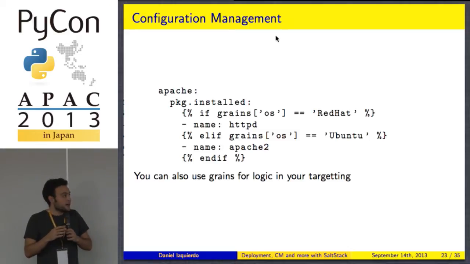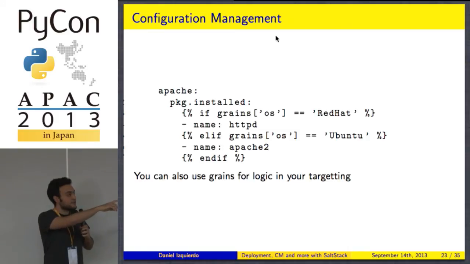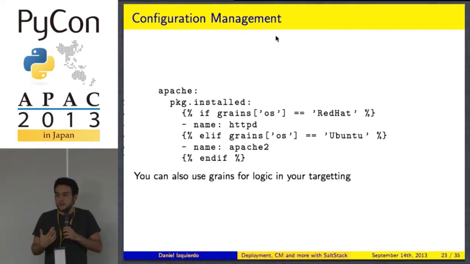So Salt provides an interface called grains, and you can see I'm using an if statement there to check the contents of grains OS. And then when this file is being applied to each minion, the contents of grains OS will be available with the correct value. So the YAML file will end up being the correct YAML file for the configuration for this OS.